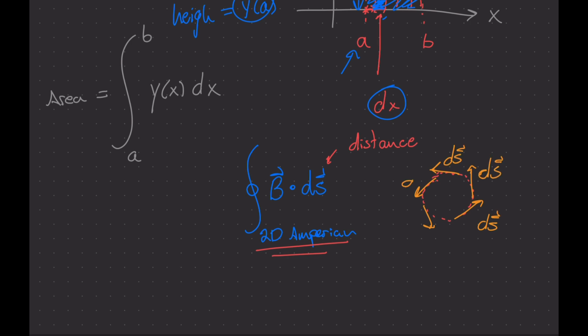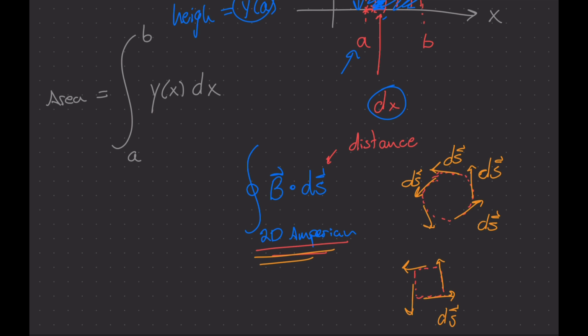So in Ampere's law, you create an Amperian loop. In this case, I chose a circle. You could choose a square, right? That could be your Amperian loop. And for each of the scenarios, you can define a direction for this ds vector. Okay.